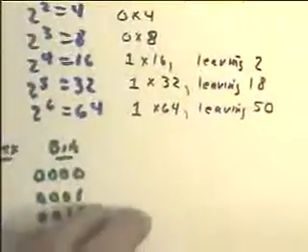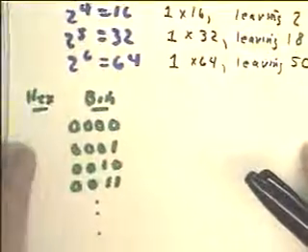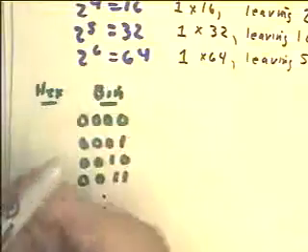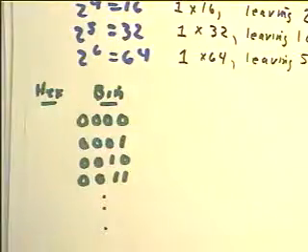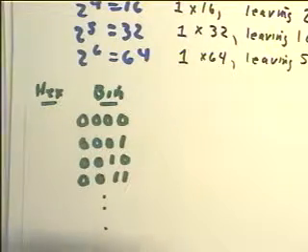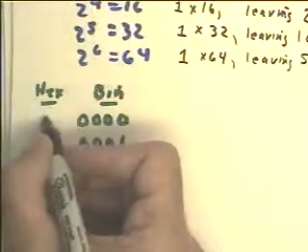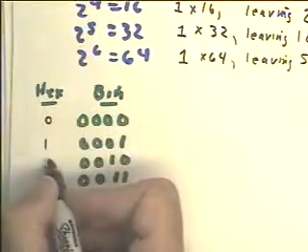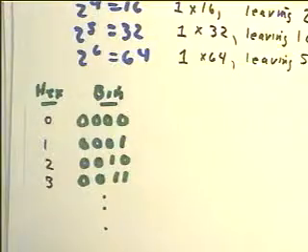Now the hexadecimal system is a base 16. Hexa meaning 6, decimal meaning 10, 6 and 10 makes 16. In the hexadecimal system, the numbers would go 0, 1, 2, 3, all the way up to 15.